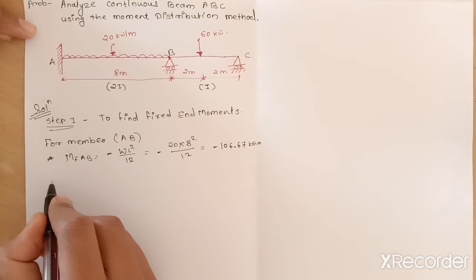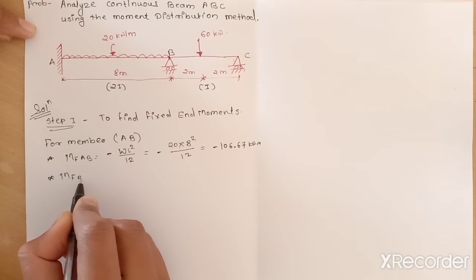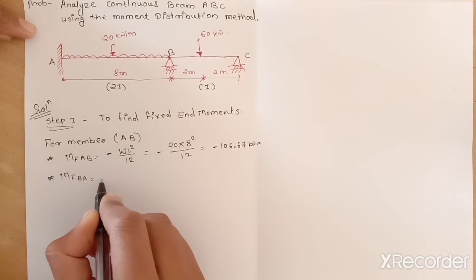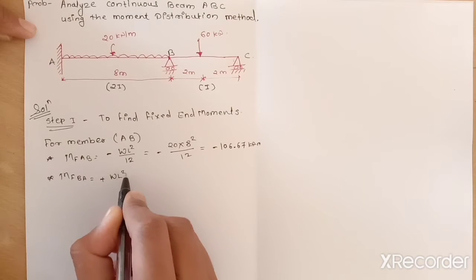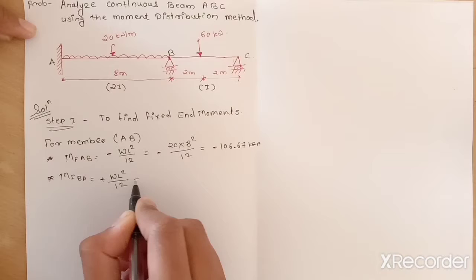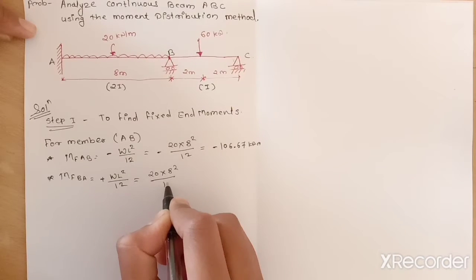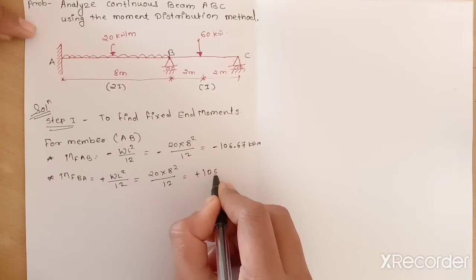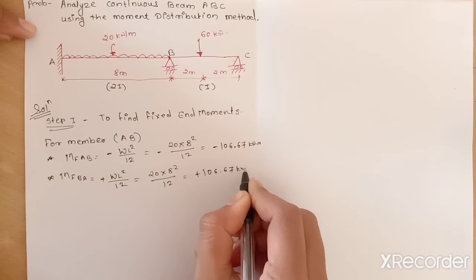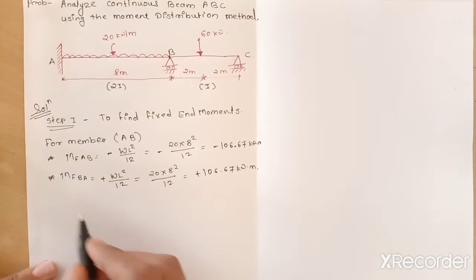Then next, fixed end moment for member BA, formula is plus WL square divided by 12, here 20 into 8 square divided by 12. This value is plus 106.67 kilonewton meter.